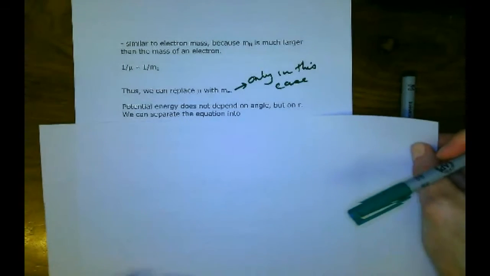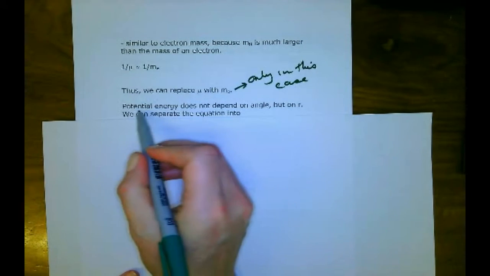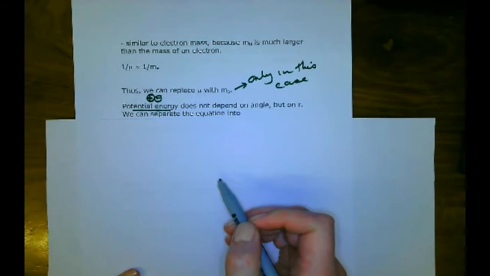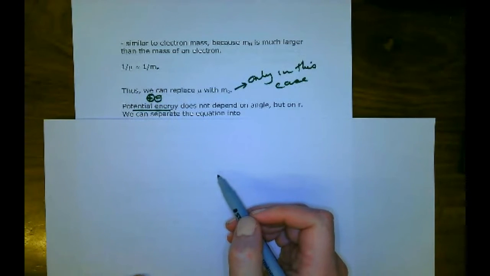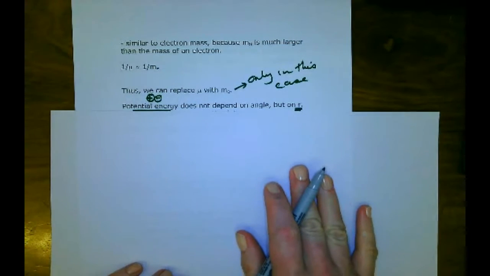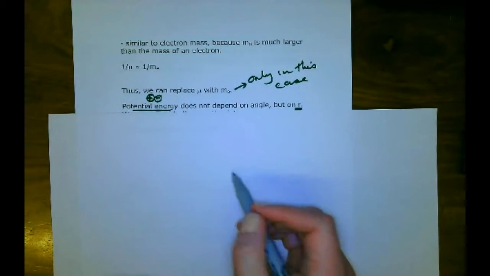Now, we make the statement here that the potential energy, which is the Coulombic interaction, plus minus interaction, does not depend on angle, but on radius. Why do we say that? And it's very important that you understand this.